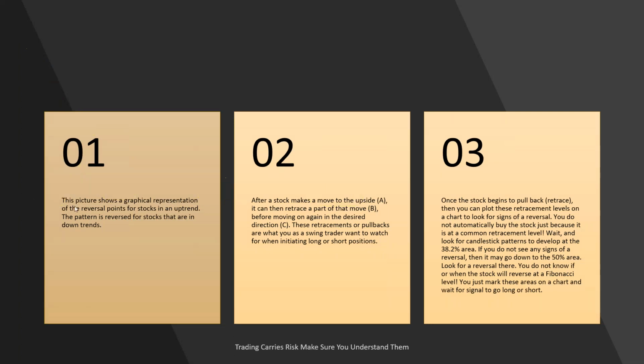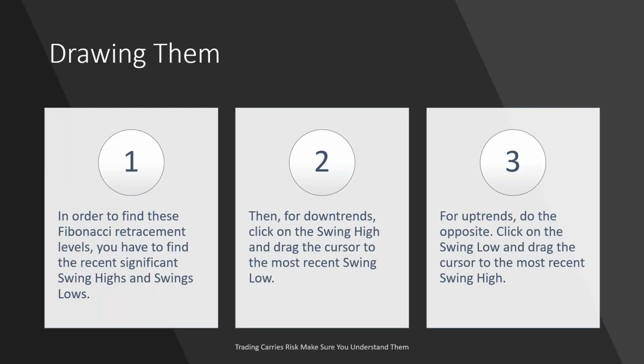So before we talk about actually interpreting Fibonacci, we have to learn how to put it on a chart and where it comes from, because you're measuring the prior move, not the current move. Okay, so in order to find these Fibonacci retracement levels, you have to find the recent significant swing highs and swing lows.